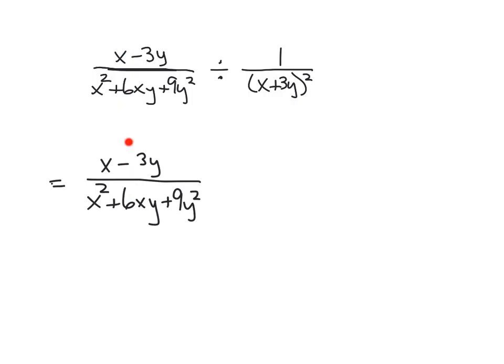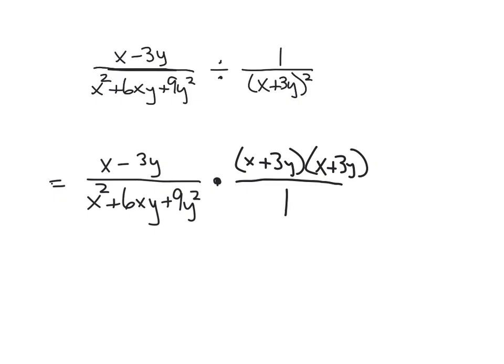So that's the same fraction. This division becomes multiplication, and our second fraction flips over. Now I'm going to expand it a little bit. So instead of saying x plus 3y squared, I'm actually going to put x plus 3y times x plus 3y over 1.